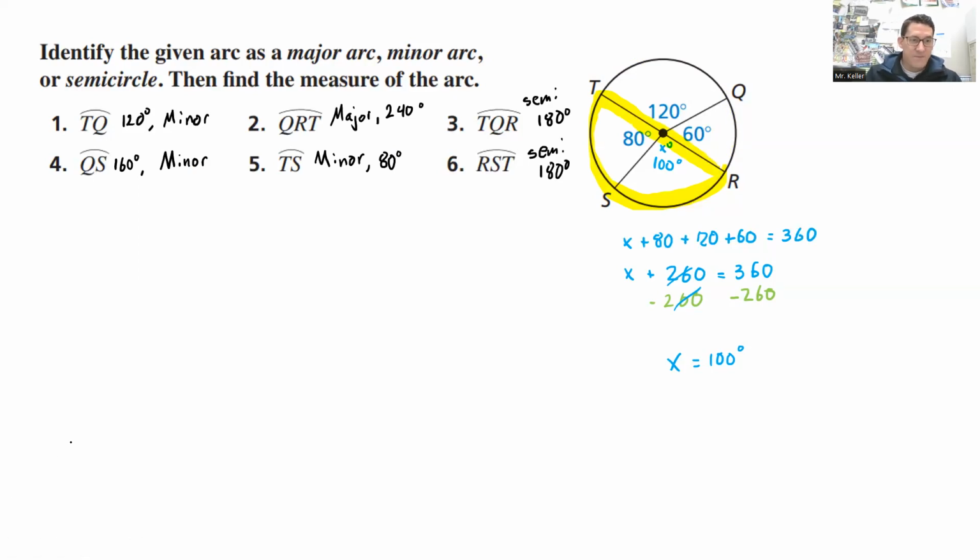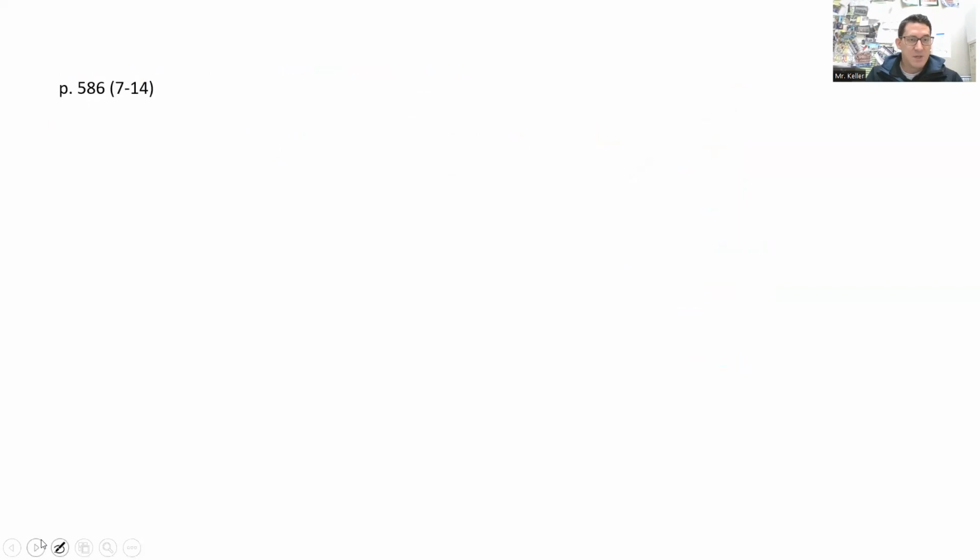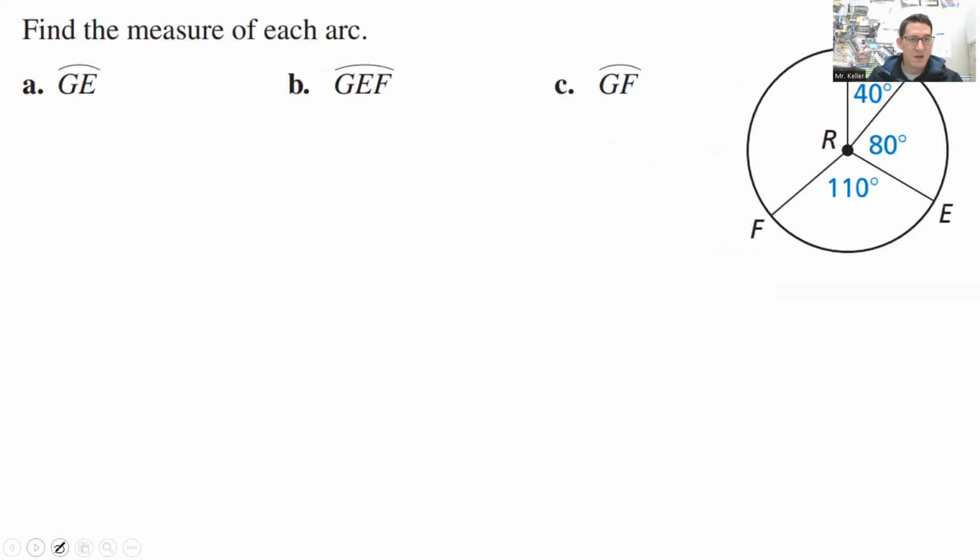All right. First part of your assignment is going to be doing the same sort of thing. Here, find the measure of each arc. So this is just what we've been doing. Again, all the angles in there need to add up to not 180, but 360. So I'm going to find that real quick.